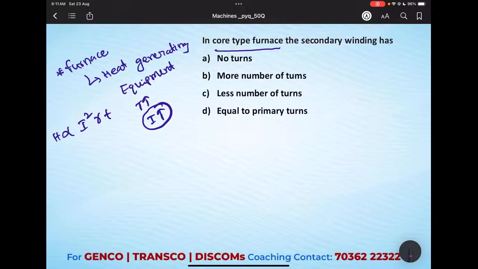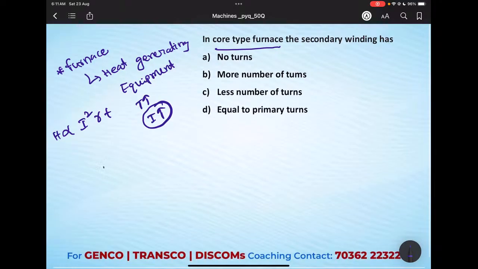If you see the options, they are asking about the turns. What about the secondary winding turns of a core type transformer? We know the current, and we need to design the number of turns based on the current.